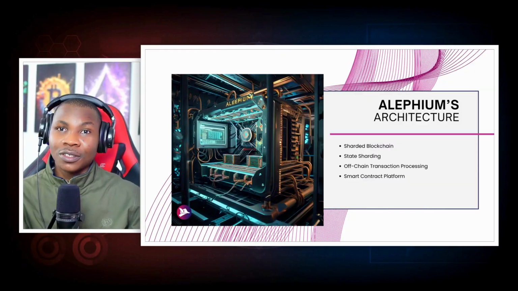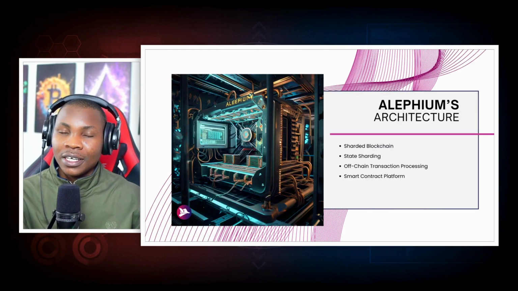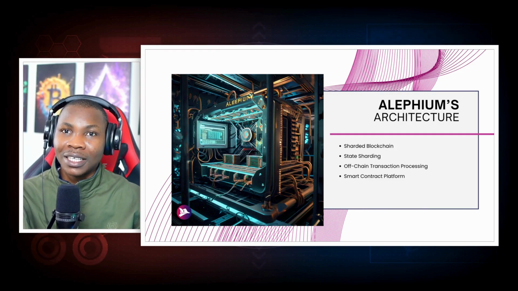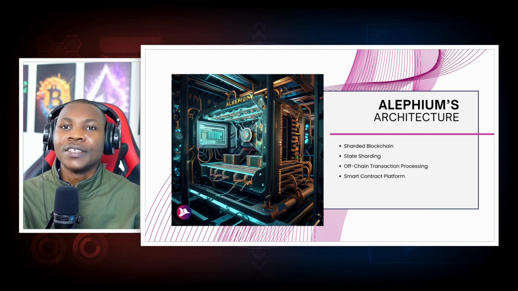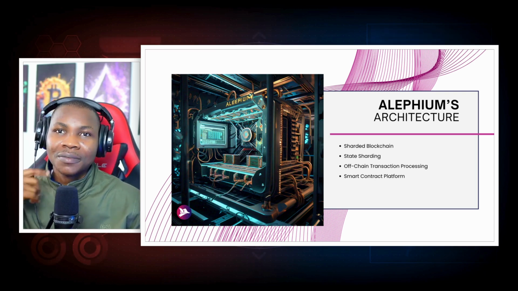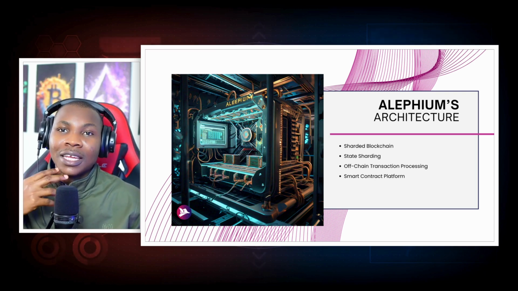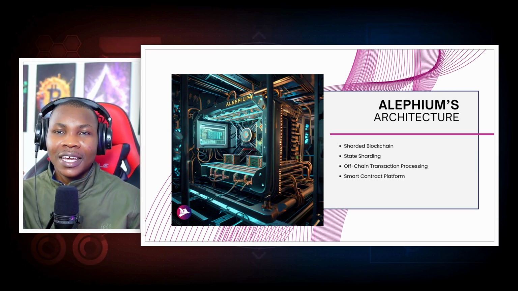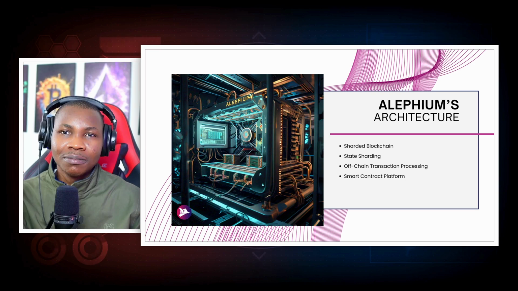For any blockchain that is coming into this space, there must be something that they offer that makes them unique, different, and special. That's what Alephium brings to the table. Alephium has an architecture that is based on sharding. You understand?